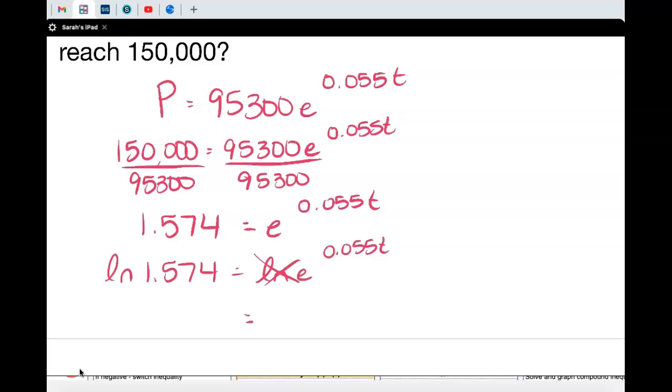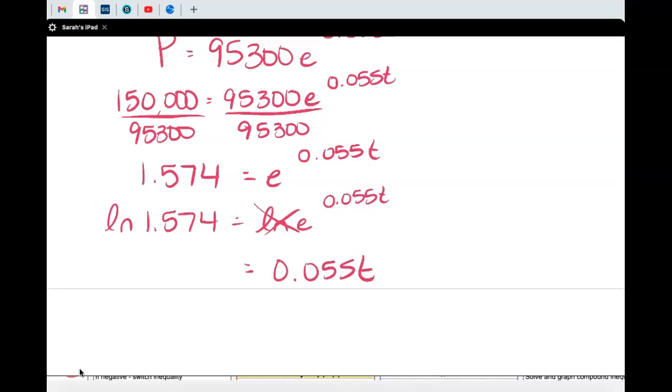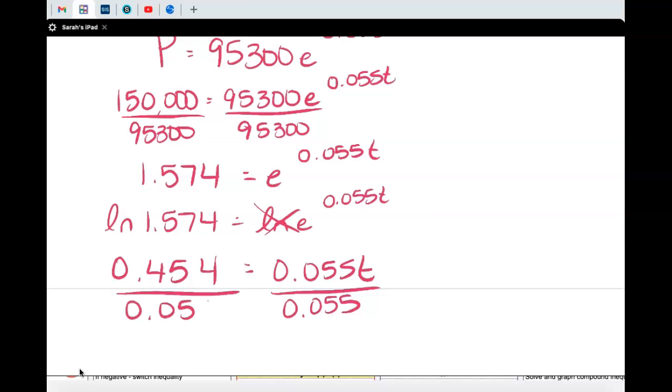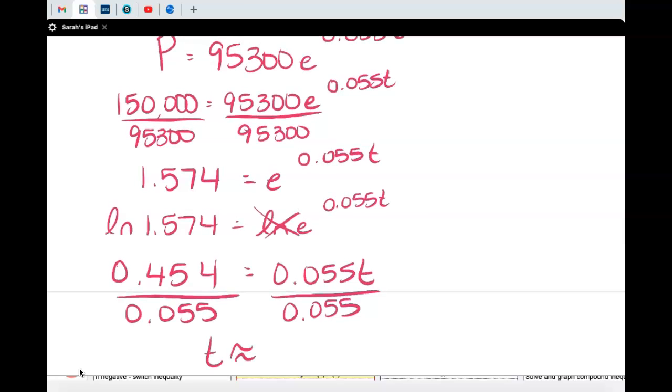I'm thinking that's important. 0.454. Okay. So then dividing. 8.248 years.